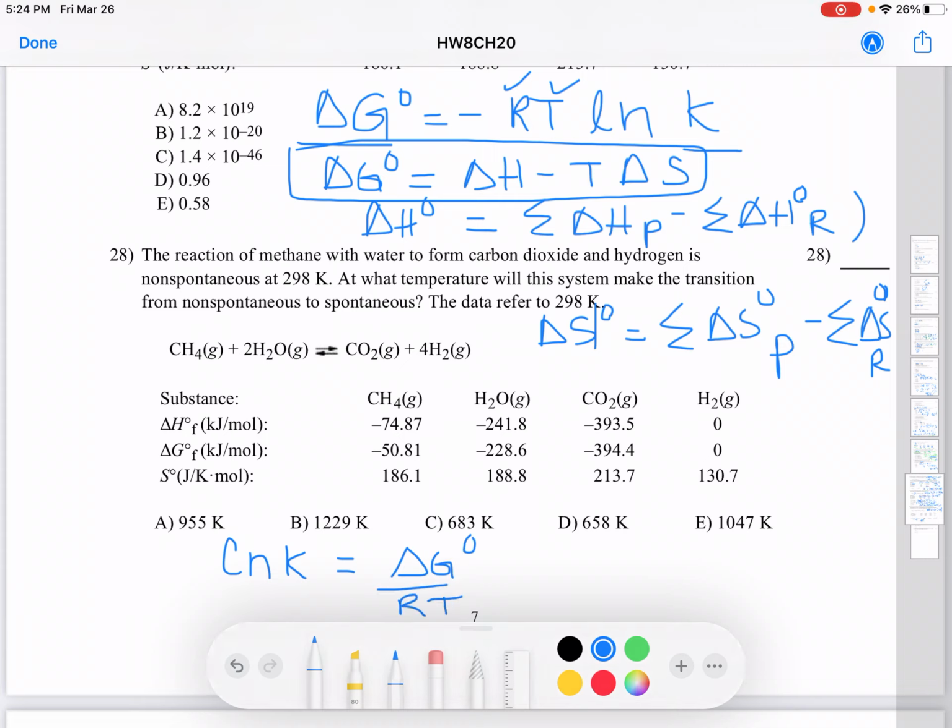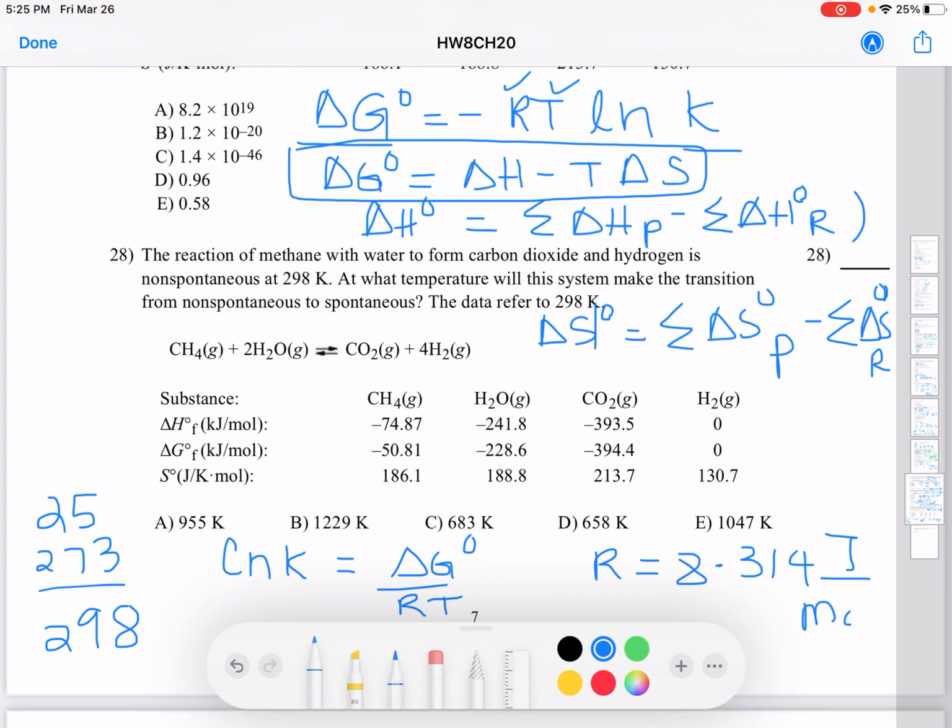And then the temperature is 25 degrees Celsius, so you add 273. Temperature would be 298. And then the gas constant is going to be 8.314 joules per mole per Kelvin.